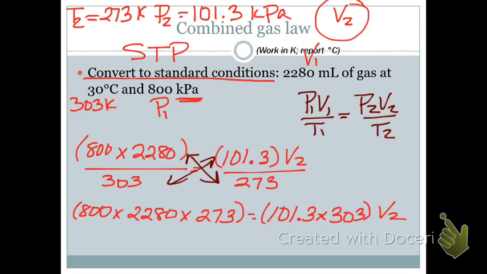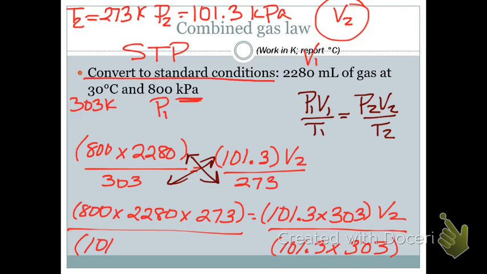And I want V2 by itself, so I'm going to divide both sides by 101.3 times 303. That cancels out over here.